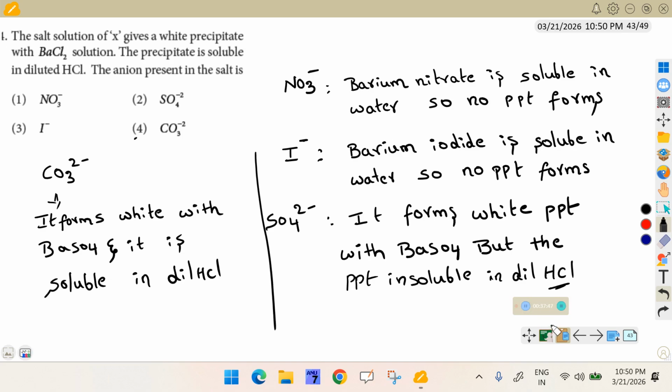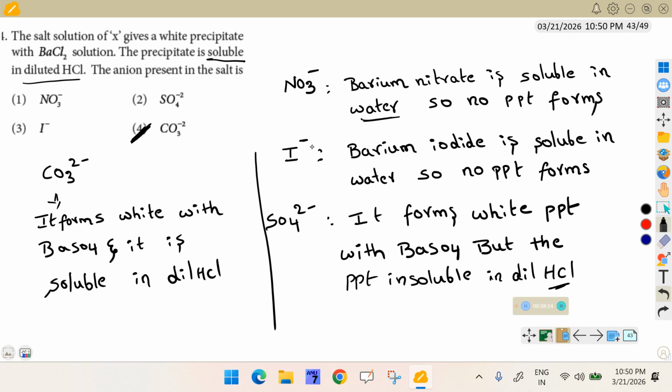The salt solution of X gives a white precipitate with BaCl2 solution. The precipitate is soluble in dilute HCl. The anion is carbonate ion. How? Barium nitrate is soluble in water, not precipitated.